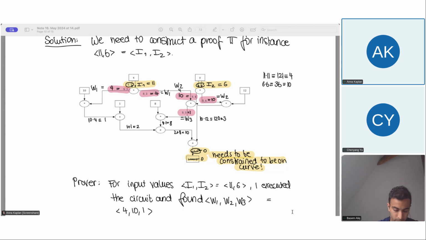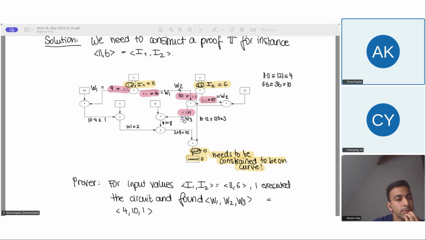Okay, so in this case, why this output here is not labeled, I hope you see it, this one. It's not labeled because it's the same as this one, where you're multiplying a labeled edge with a constant.